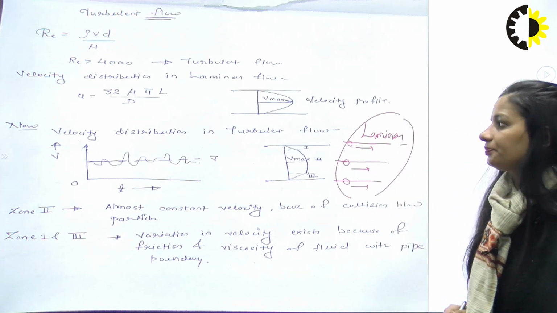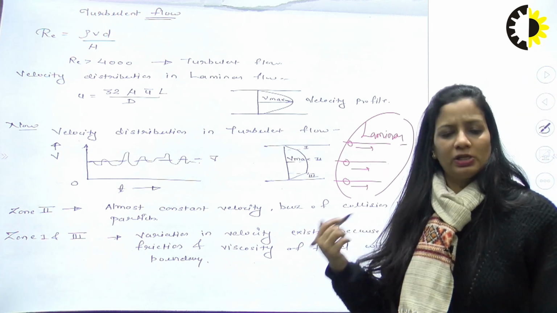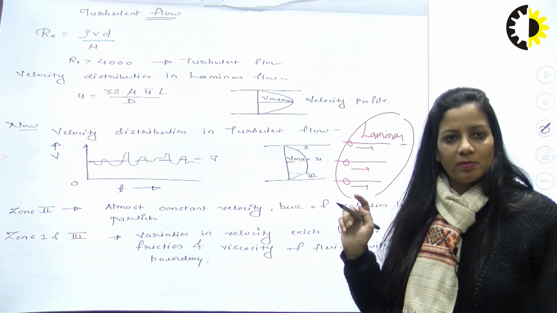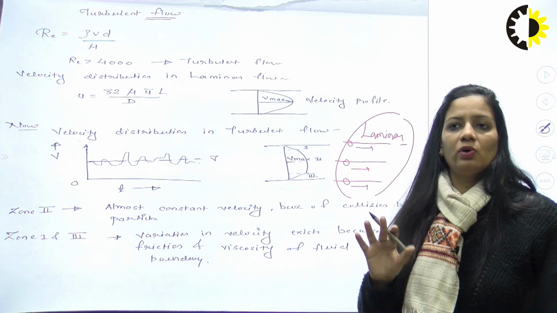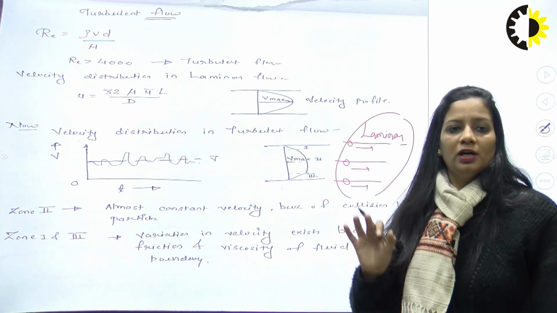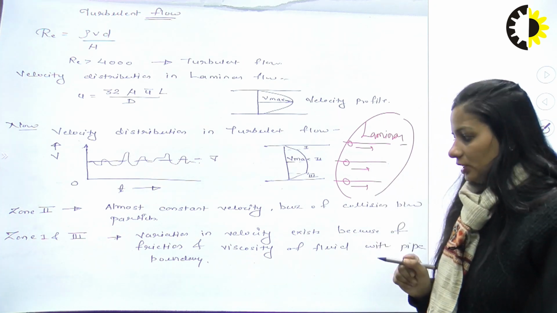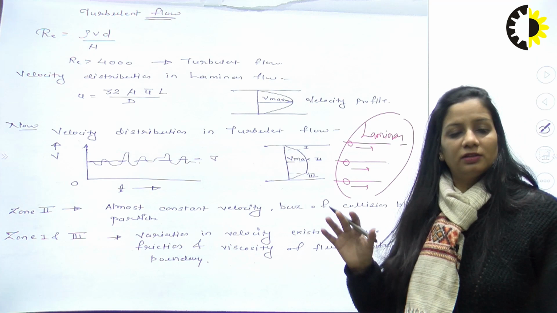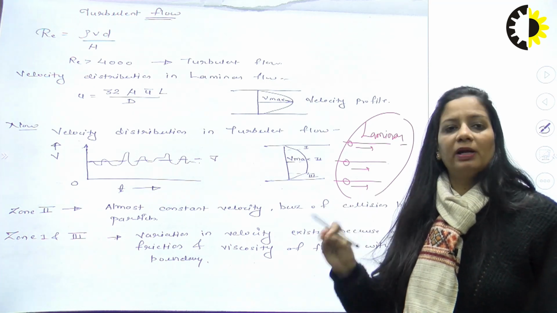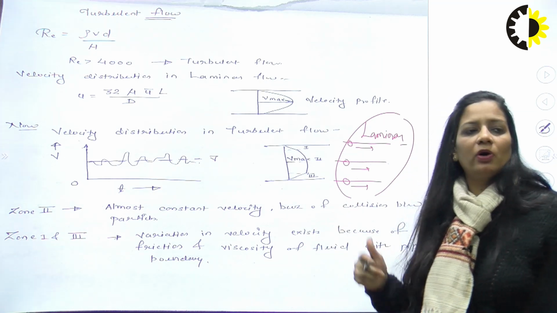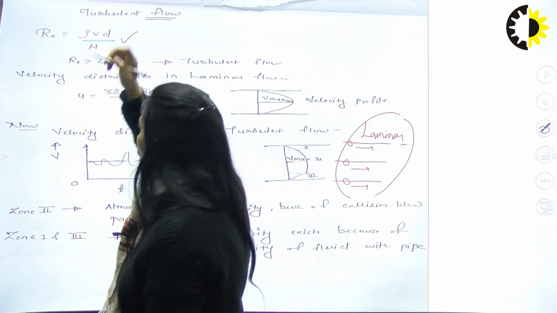Now there is another dimensionless number, the Reynolds number, that we use to identify or categorize whether a particular flow is laminar or not. The type of flow does not depend only on viscosity; it also depends on the Reynolds number, which was classified by Reynolds.